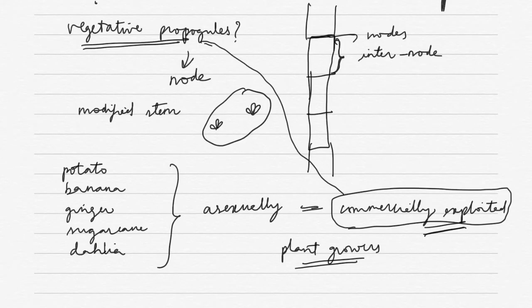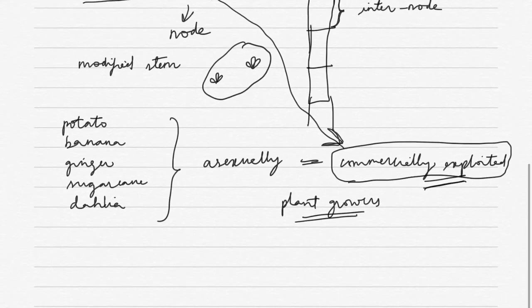If anybody is making use of vegetative propagules for commercially growing these plants, it is being renamed in NCERT as commercial exploitation. The thing to remember is we studied tuber of potato, offset of water hyacinth, bulbil of agave. All of these can in fact be asked as the parts of the plant body used for commercial exploitation by the plant growers or the gardeners.